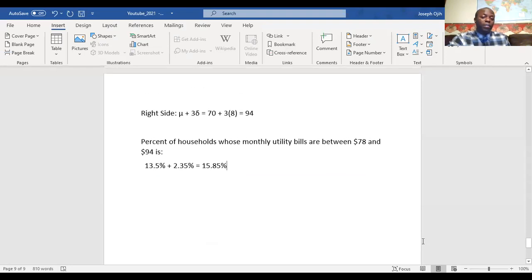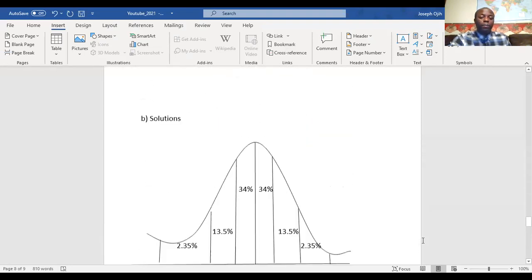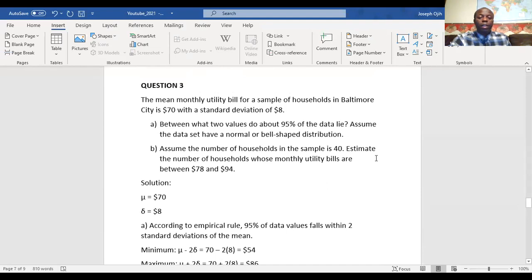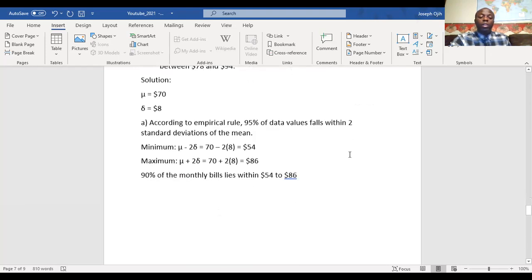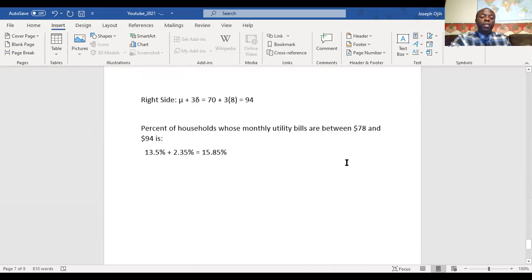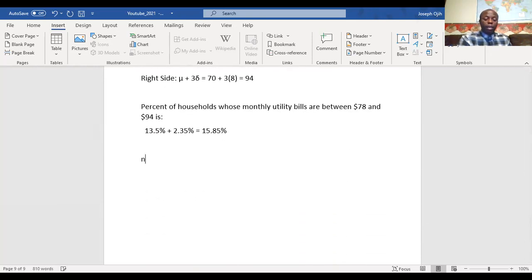We just got the percentage, because the question says, assume that the number of households is 40. Estimate the number of households whose monthly bills are between $78 and $94. So we just got the percent. Now let's use it to multiply the 40 to get the number of households. Since N is 40, N equals 40 households.